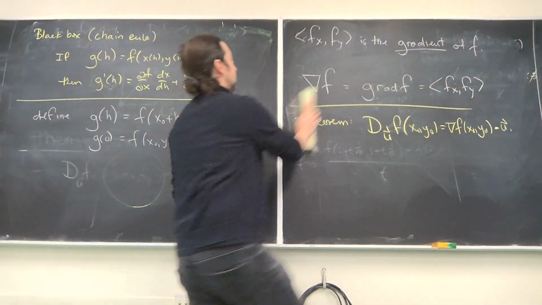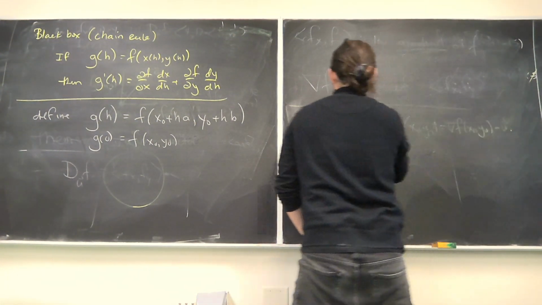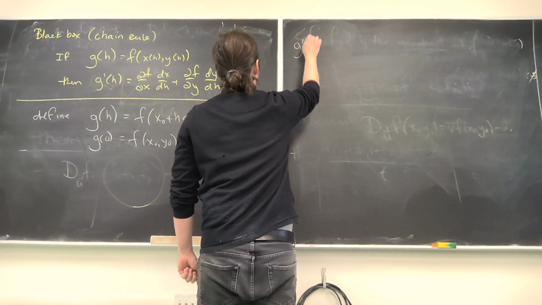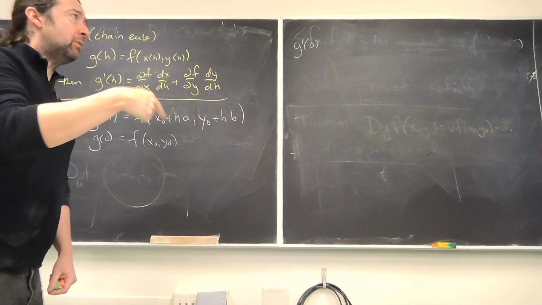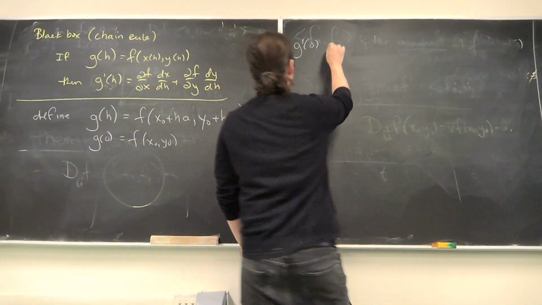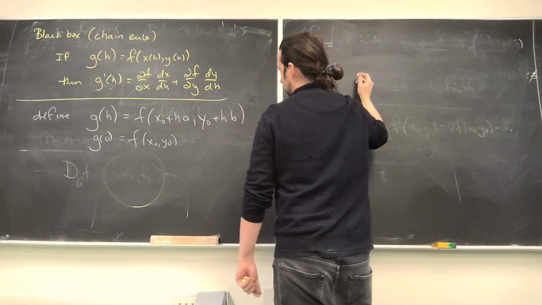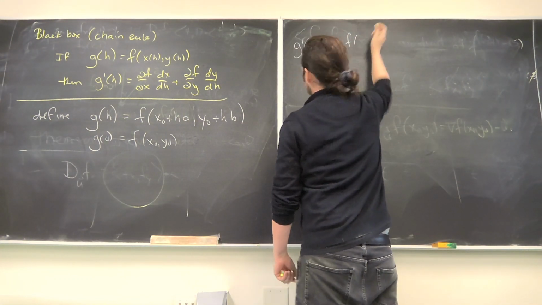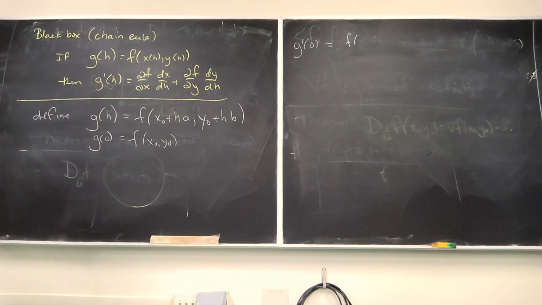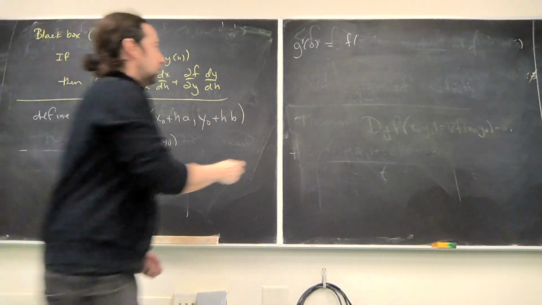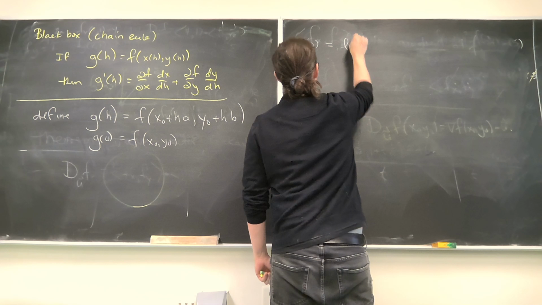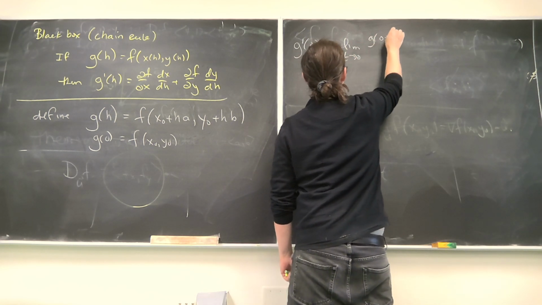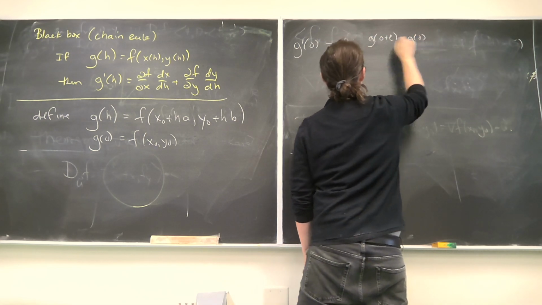So, what is g prime of 0? If I was going to calculate that from the definition, g prime of 0 is supposed to be equal to the limit as t goes to 0 of g of 0 plus t minus g of 0 over t.